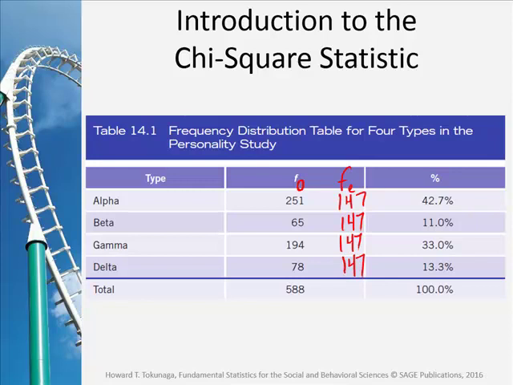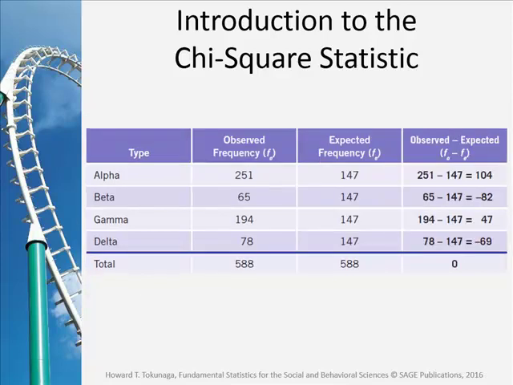All right. So we would expect 147 in each category if our assumption is that they're equally distributed, right? But what the chi-square actually does is it focuses on this: how much difference is there in what we observe versus what we would expect.